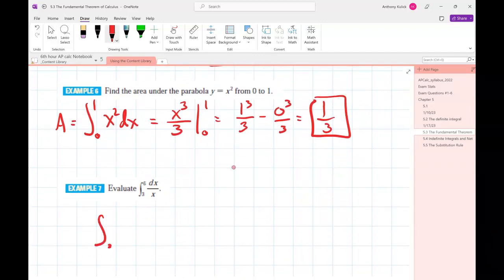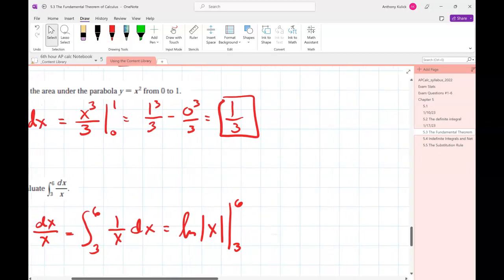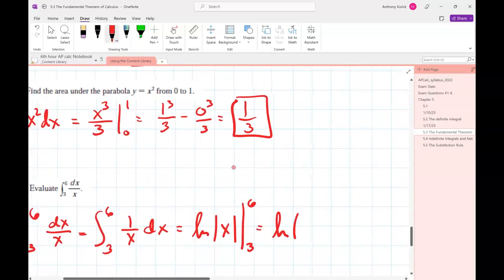All right. The integral from 3 to 6 of dx over x. The better way to think about this would be the integral from 3 to 6 of 1 over x dx. What's the antiderivative of 1 over x? Close. Yeah, the natural log of the absolute value of x. Again, we wouldn't have been dinged on this one since both values of x were positive, but technically speaking, yeah.